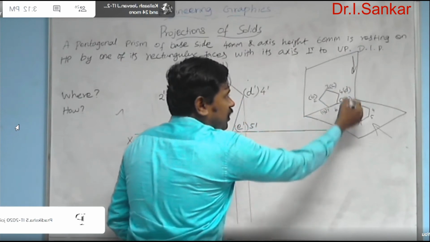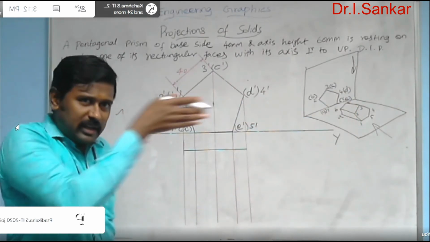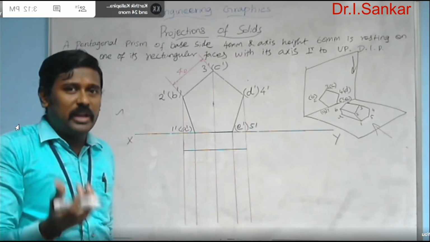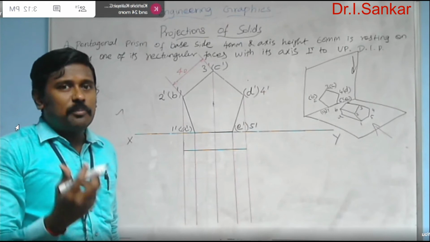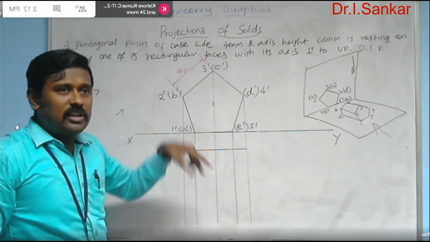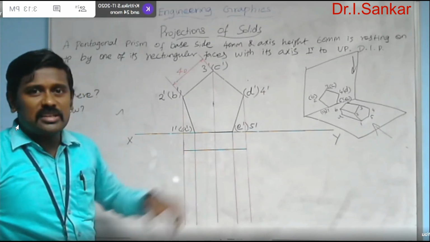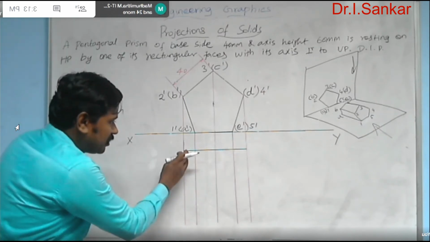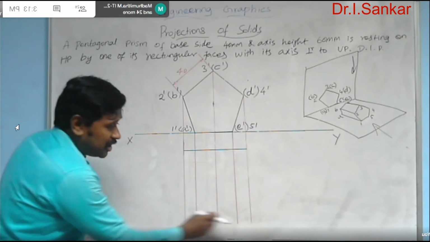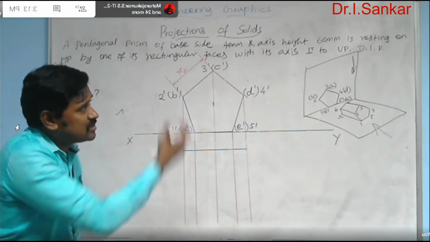When you look from the top, the entire base A, B, C, D, E will look like a straight line. The base is a pentagonal plane, which appears as a pentagon in the front view, so definitely in the top view it will look like a straight line only. That straight line I have just drawn. And from that base you have to maintain a 70 mm distance in order to draw the face, because the axis height of the solid is 70 mm.